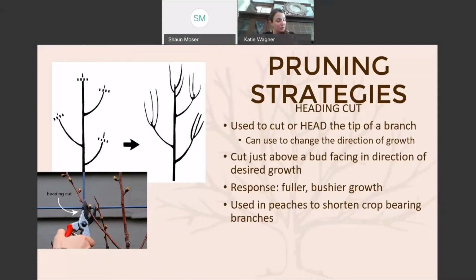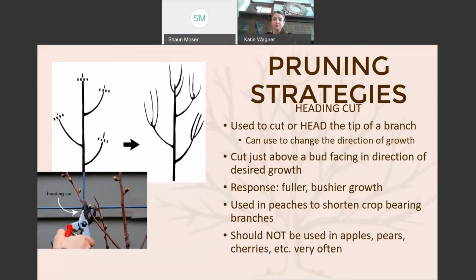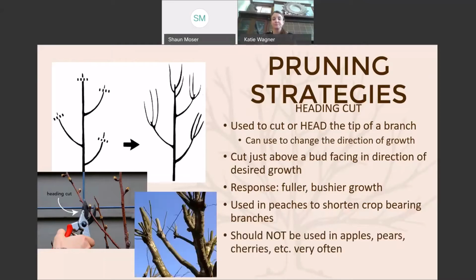So that is when we would utilize a heading cut to shorten those year-old wood branches on the peach tree, to be able to handle the weight of those peaches and nectarines that bear on that tree. Again, we're not going to use this technique very often, if at all, on apples and pears or cherries.